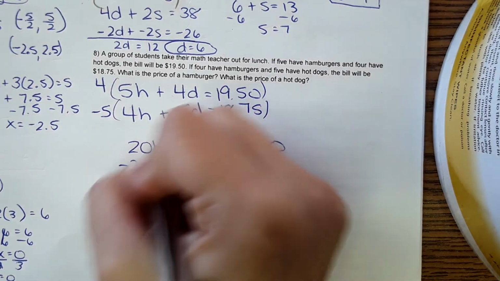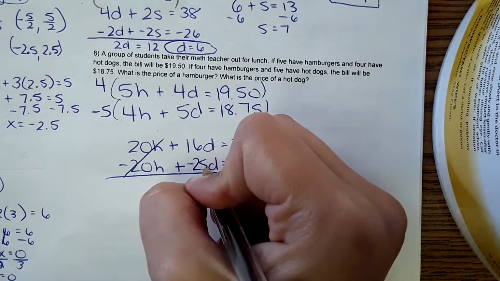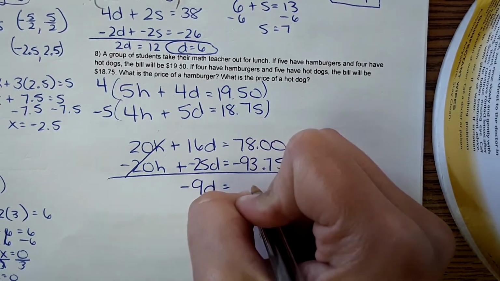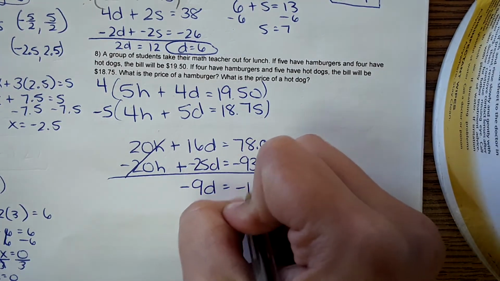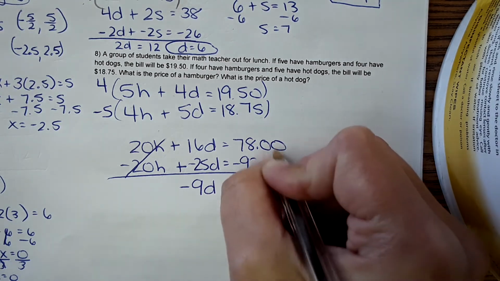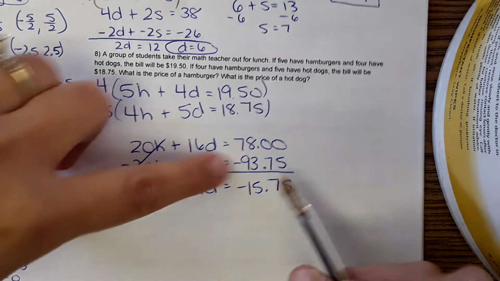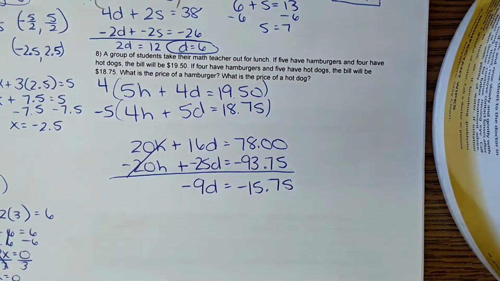Okay, so here, hamburgers cancel. 16 plus -25 is -9. D equals, when you subtract these, you get -13.5. It is 78 minus 90, however you think of it.